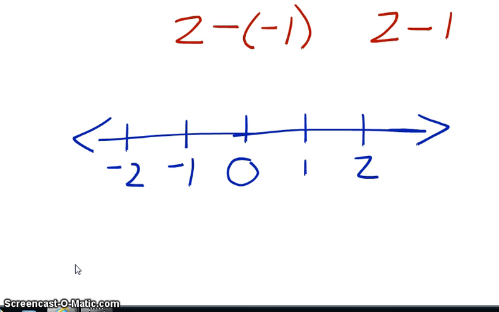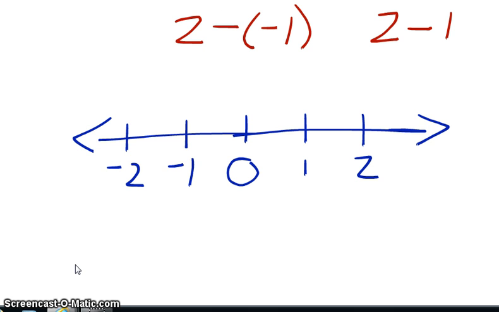If we were going to subtract 1 from 2 and model that on the number line, we would start at 2 and we would jump backwards, or to the left, 1 space. And we would see that 2 minus 1 is 1. Now, if 2 minus 1 is 1, then it's not really possible for 2 minus negative 1 to also be 1.